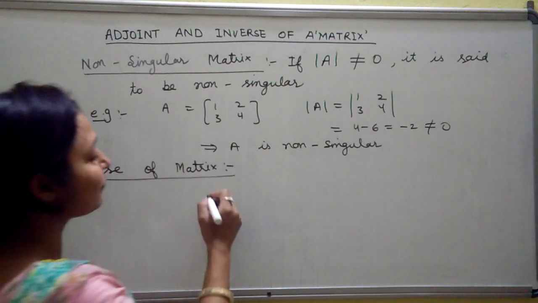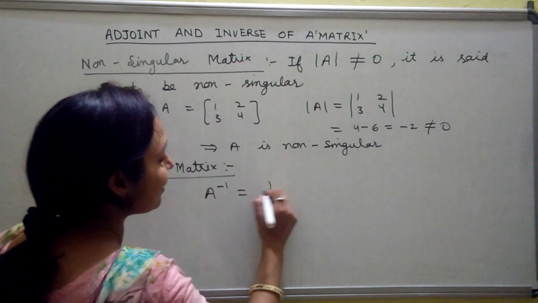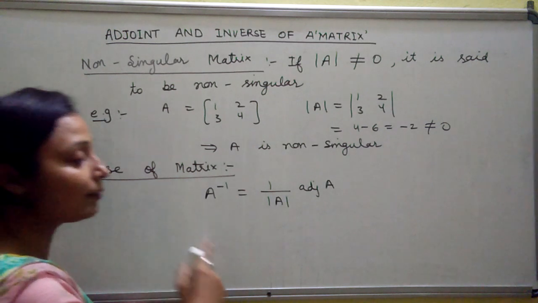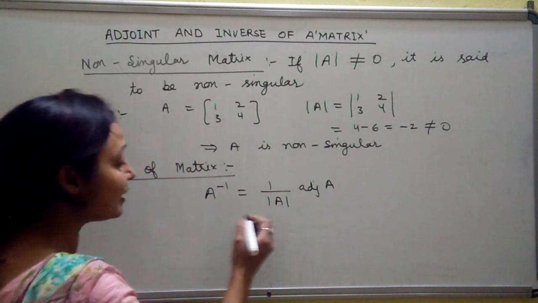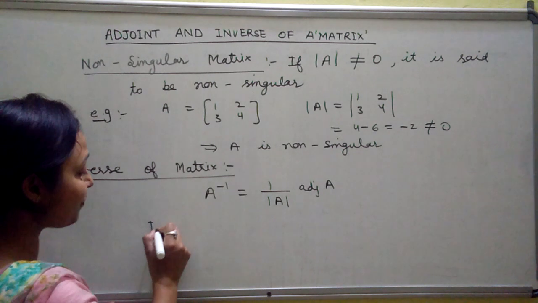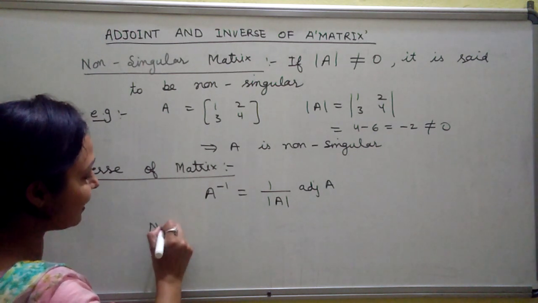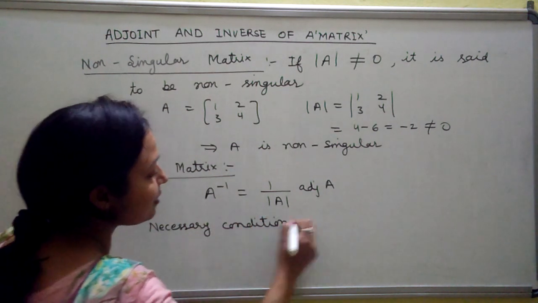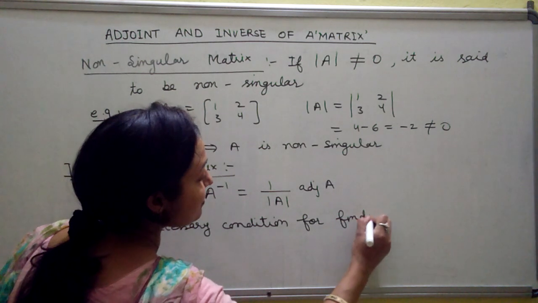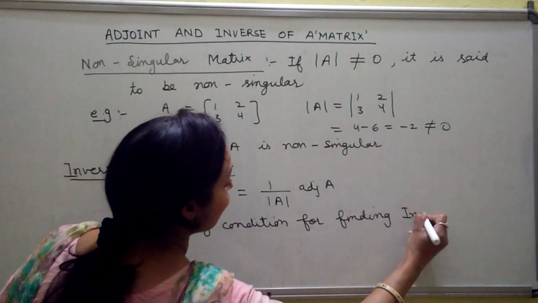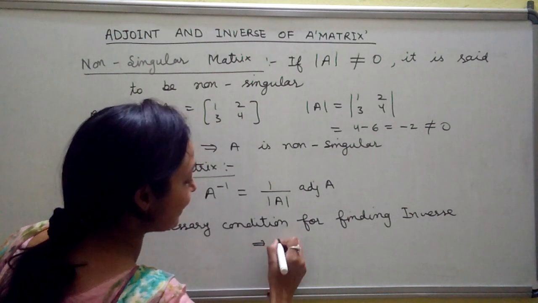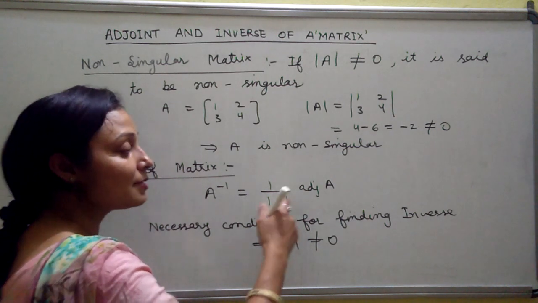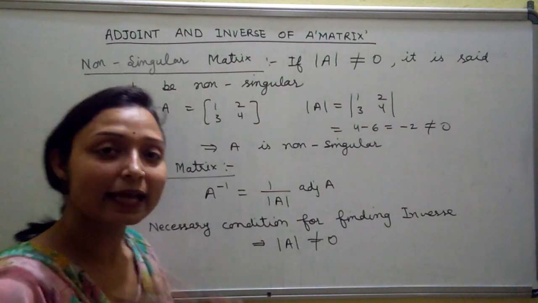For finding the inverse of the matrix, we have one formula, that is 1 upon A determinant times adjoint of A. For this we want an important condition, a necessary condition for finding the inverse, that is A determinant should not be equal to 0, because if it becomes 0, the inverse does not exist.